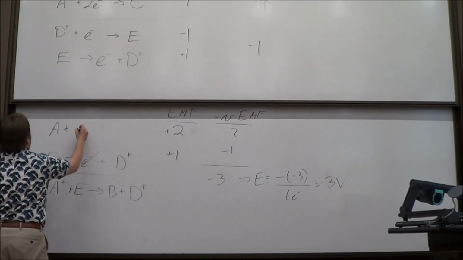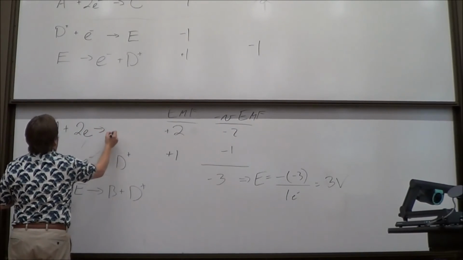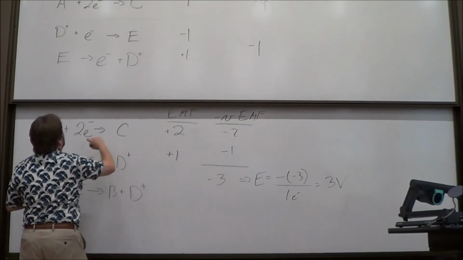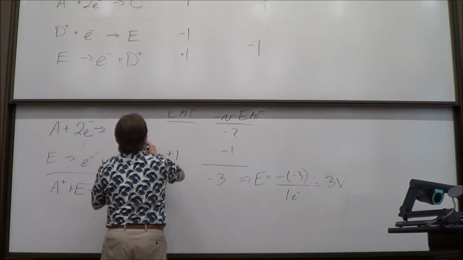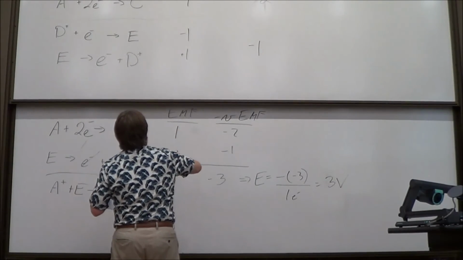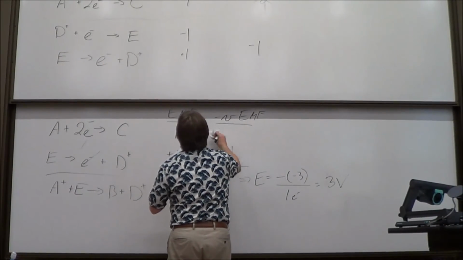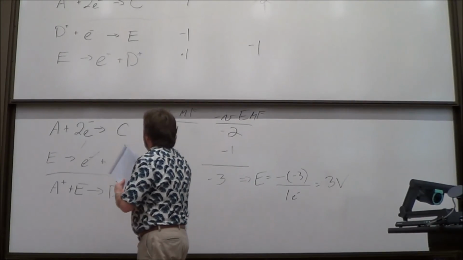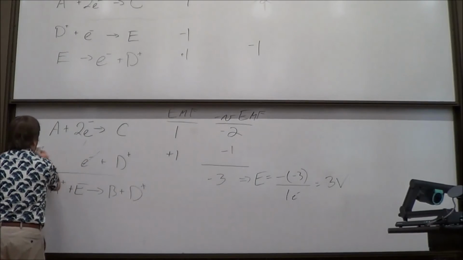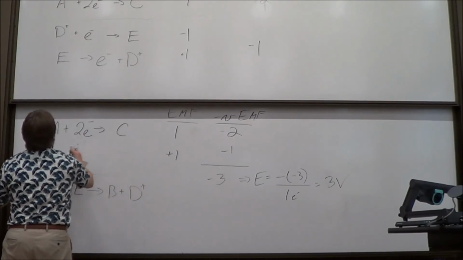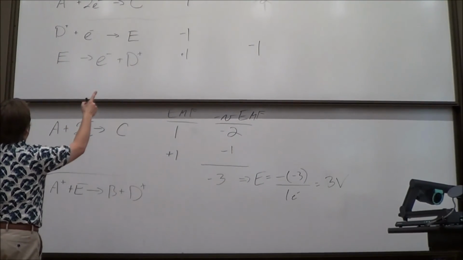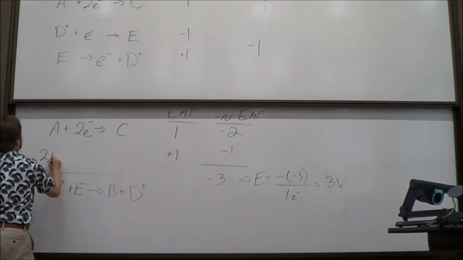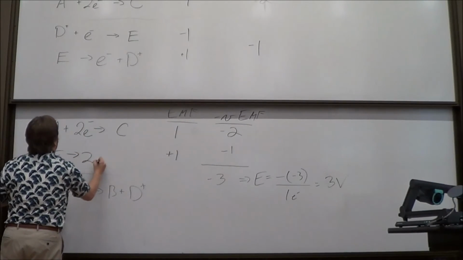A plus 2E goes to C, and that has an EMF of 1. And this is a -2. Okay, that's good. Now this guy we have to conform. Okay, so I'm going to have 2E goes to 2E.